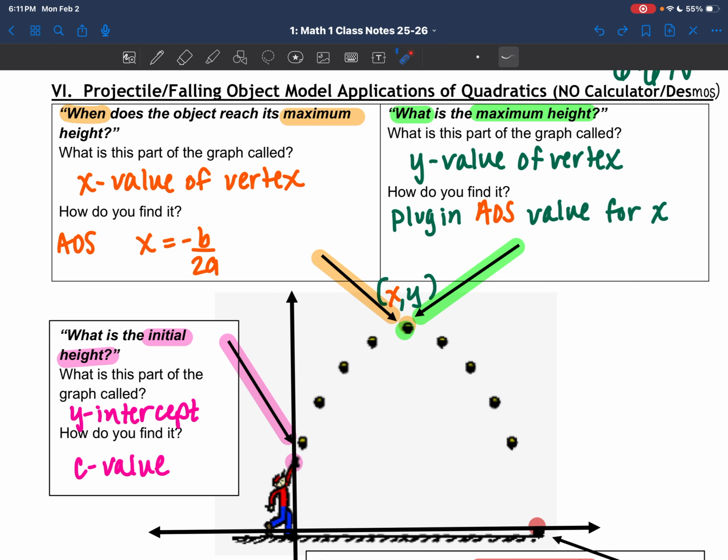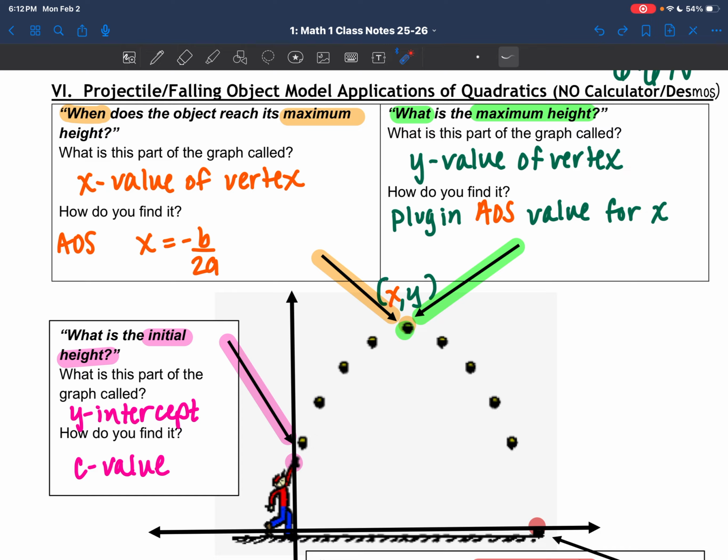When is typically going to be your x value, and maximum is your vertex, because that would be the highest or the lowest point, and in this case, since it's maximum, it would be the highest point. So when it says when and maximum, those are your clue words that you're looking at the x value of your vertex. And to find that, you would do the axis of symmetry, which is x equals negative b over 2a.